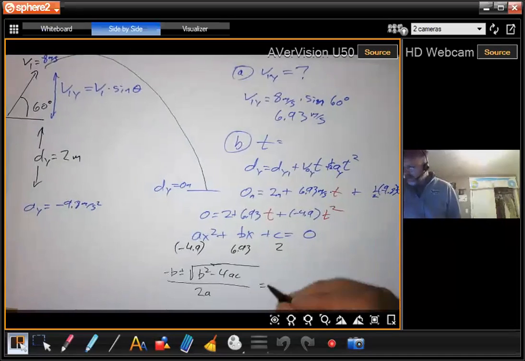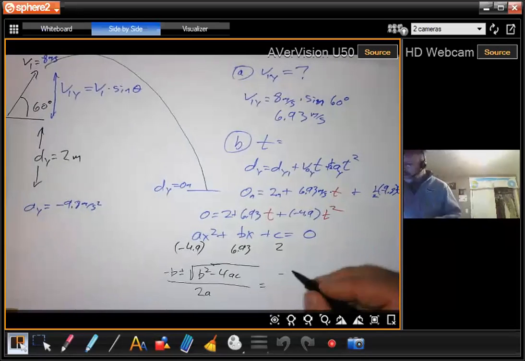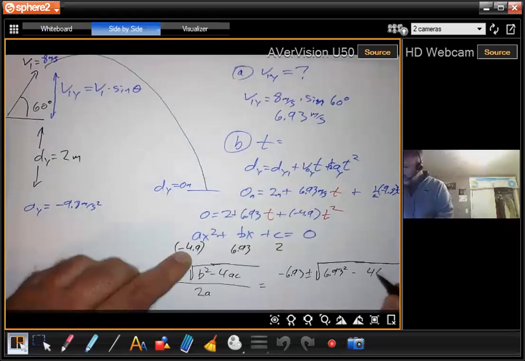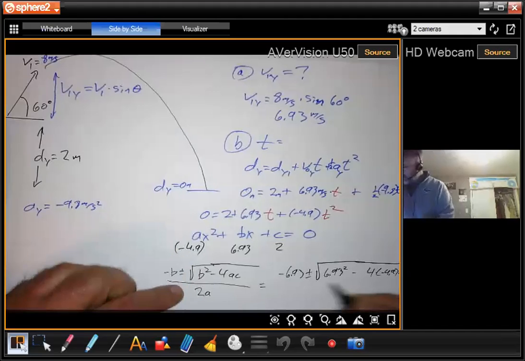Okay, so we're going to have negative 6.93 plus or minus the square root of 6.93 squared minus, this is where I keep using my paper here, 4 times negative 4.9 times 2, all that over 2 times negative 4.9.